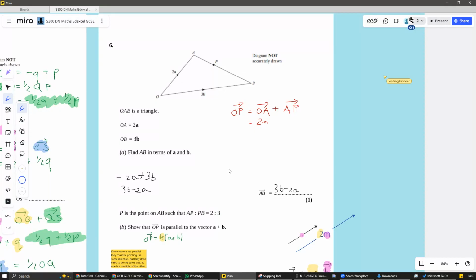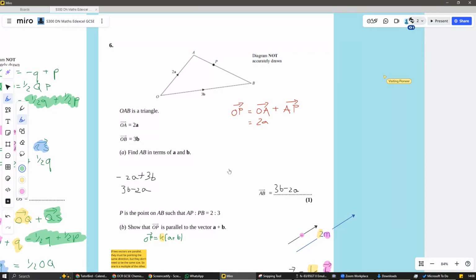And A to P, well, we don't know what A to P is yet, actually, but we do know that A to B is 3B plus 2A. So have we learned anything about what point P is?